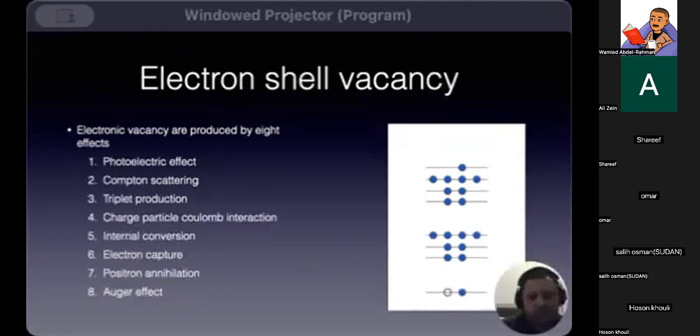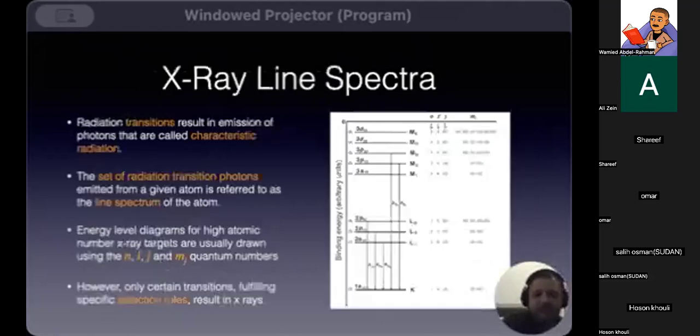When positrons are generated and lose their energy, they will not stay for long. They will find an orbital electron and annihilate with it, producing the annihilation photons. When this happens, a vacancy is created in the atom. And the last one is the Auger effect. When an Auger electron is ejected, this process generates another vacancy. We're going to see this.